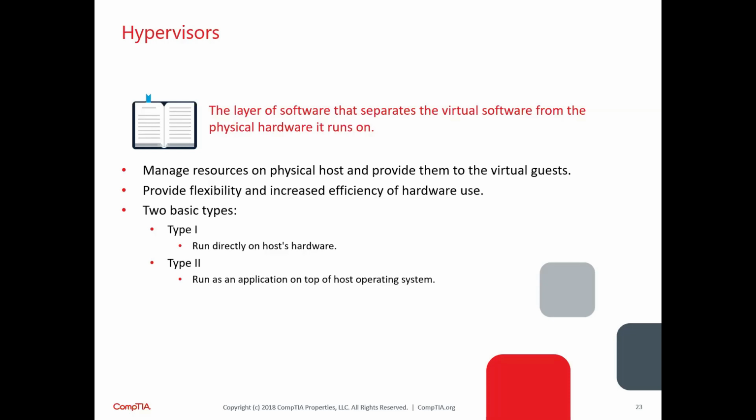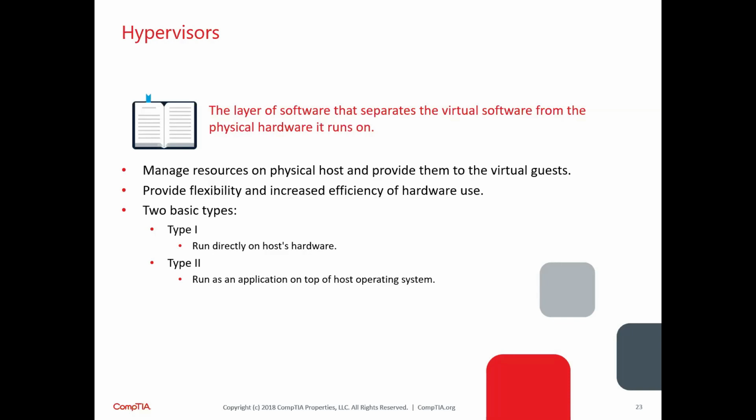So when you run Linux or another type of operating system with your host machine running Windows 10, that is considered to be type 2. Type 2 is user-based virtualization.